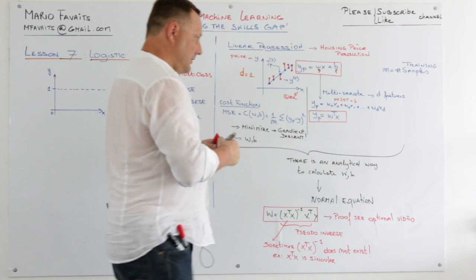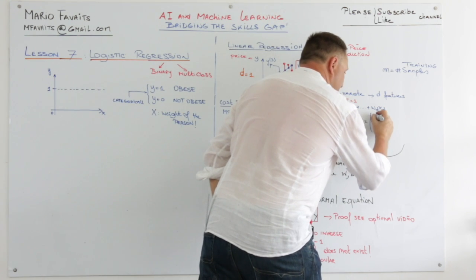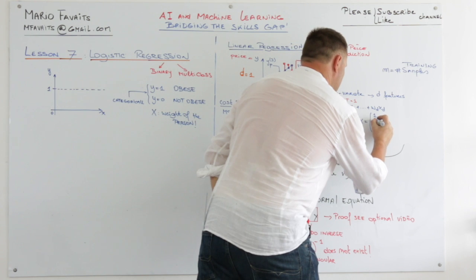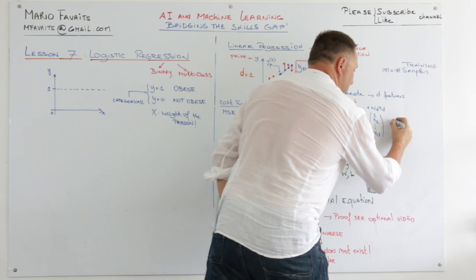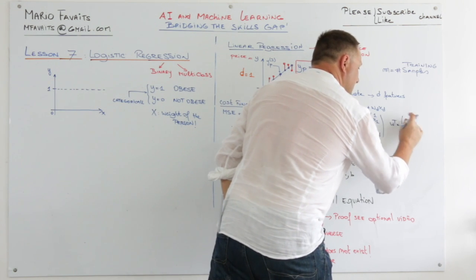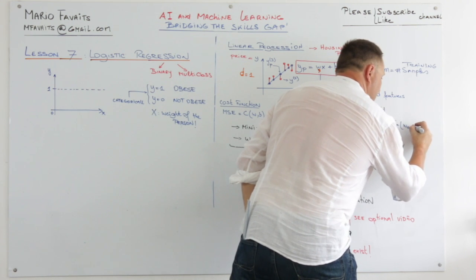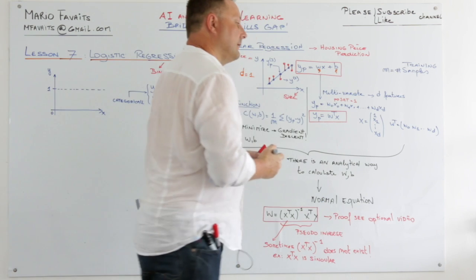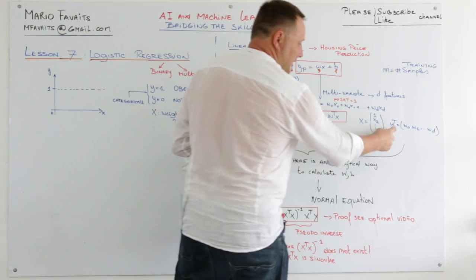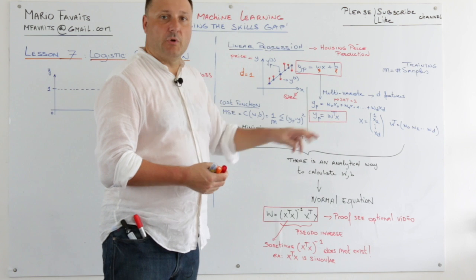Remember, we had an x vector, and the x vector started with 1, and then x1 all the way down to xd, and then w transpose was similar. So this is w transpose, w0, w1 all the way to wd. And if you multiply this, then you get this formula.